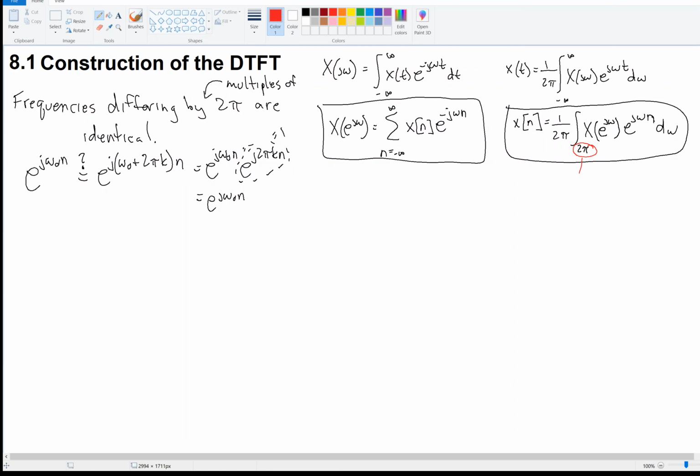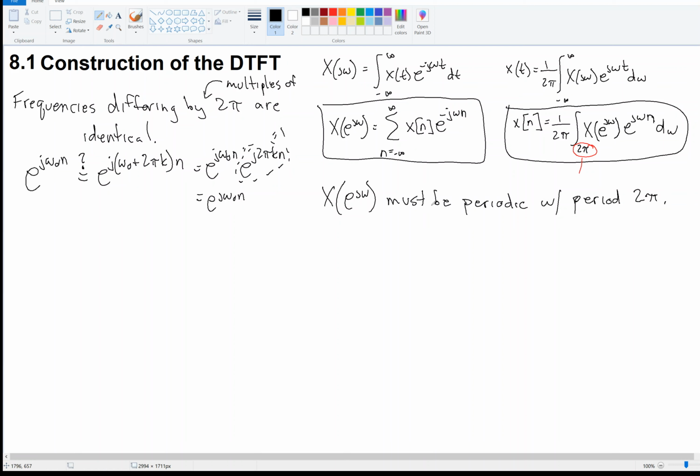If you're going to calculate a discrete time Fourier transform, and if the discrete time Fourier transform is supposed to tell you the frequency content of the signal, then the discrete time Fourier transform must be periodic with period 2 pi.